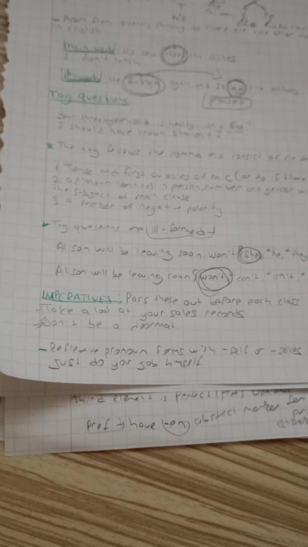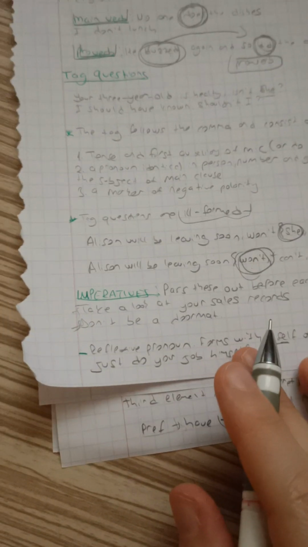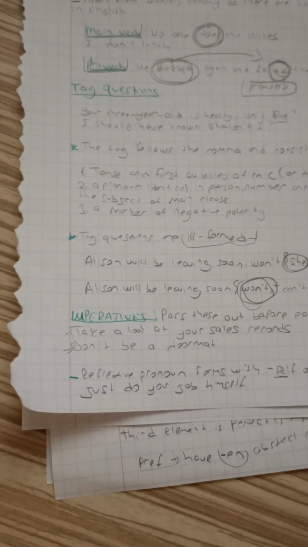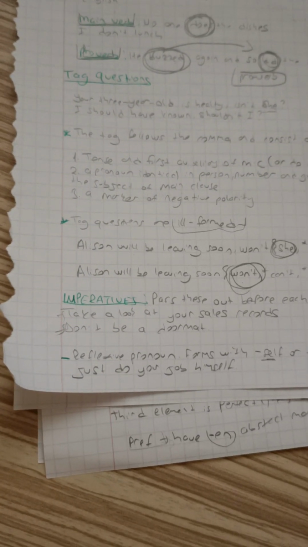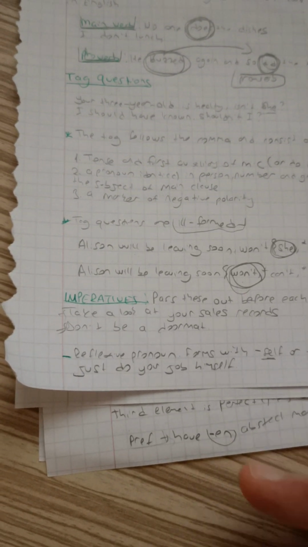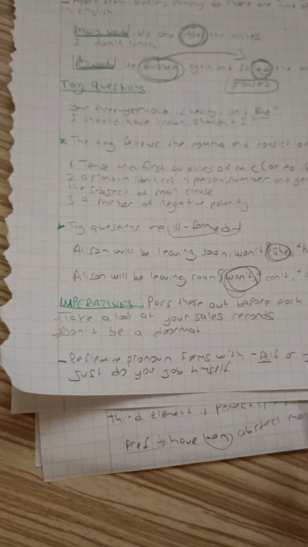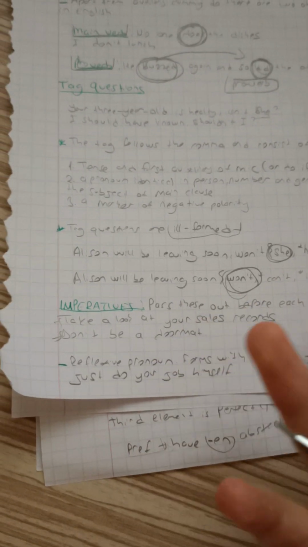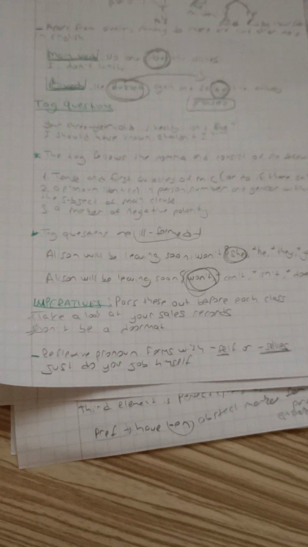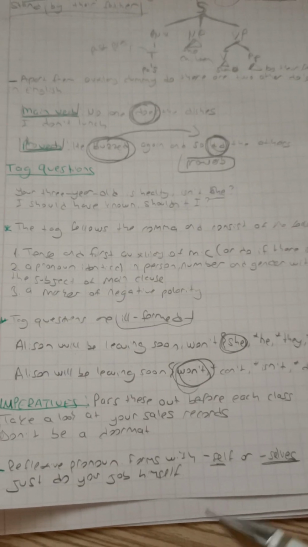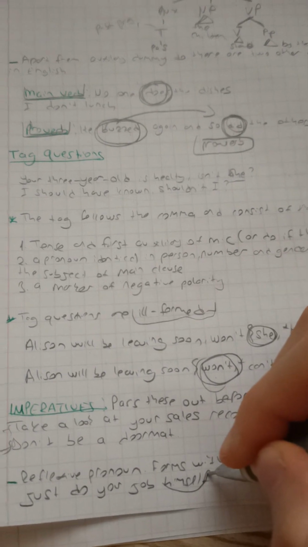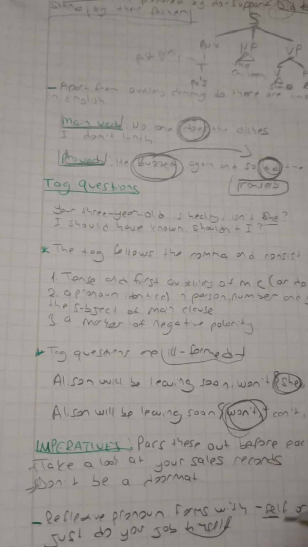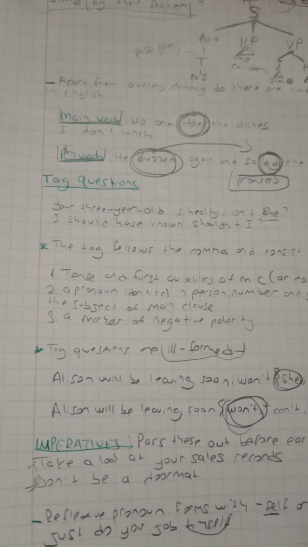These are pronouns with self or selves attached to a personal pronoun which have the same referent as the subject of the clause. That is, they agree in number, person, gender with the subject. For example, just do your job himself. Or they take themselves too seriously, they exaggerate.